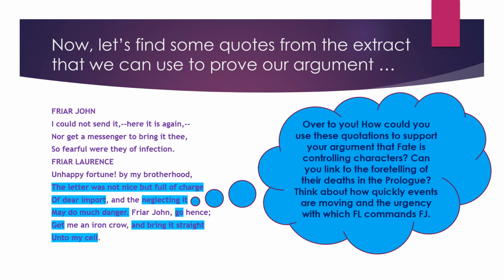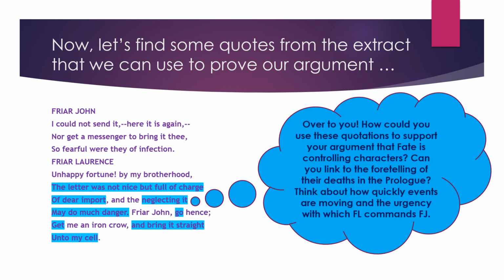And now, Year 11, I'm almost ready to hand over to you. But before doing so, please can I ask you to highlight these quotations. "The letter was not nice but full of charge of dear import. Neglecting it may do much danger. Go, get, and bring it straight unto my cell."